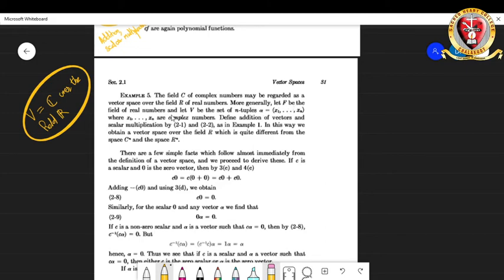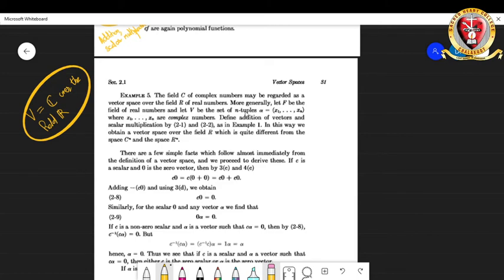Let F be the field of real numbers and V be the set of n-tuples. Define addition of vectors and scalar multiplication. In this way, we obtain a vector space over the field R, which is quite different from the space C raised to n and space R raised to n, right?